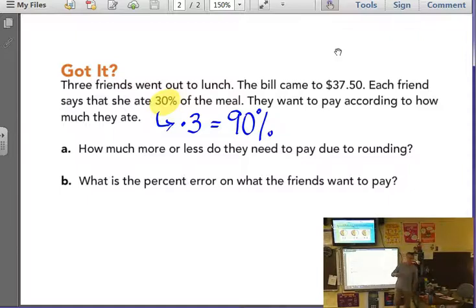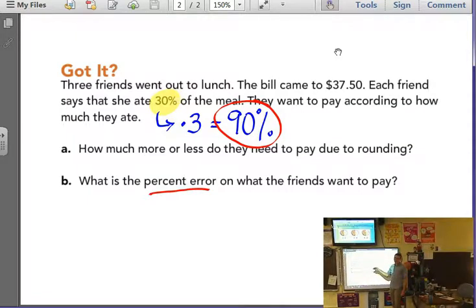So they would only be paying 90% of the bill, which is how you get put on the wall of shame that says these people left without paying their bill. So that's not good, right? You have to pay 100% of your bill, and normally you pay over that. Why would you pay over 100%? To tip, right?